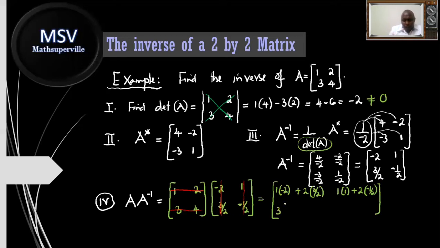So 3 times -2 plus 4 times 3 halves. And then we go to second row, last column. So we end up with 3 times 1 plus 4 times -1/2.